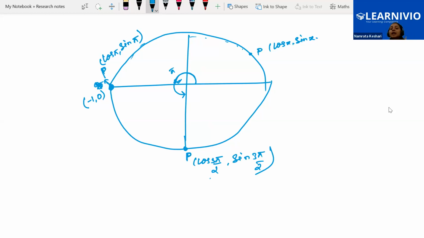Tell me, keeping in mind that it is a unit circle. Cos 3 pi by 2 will be 0 and sine will be minus 1. Perfect.